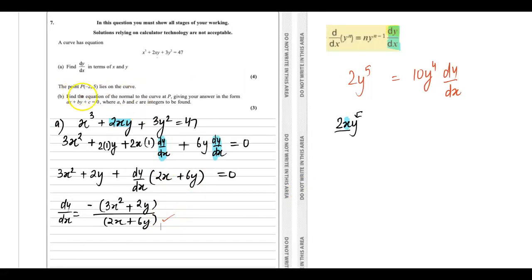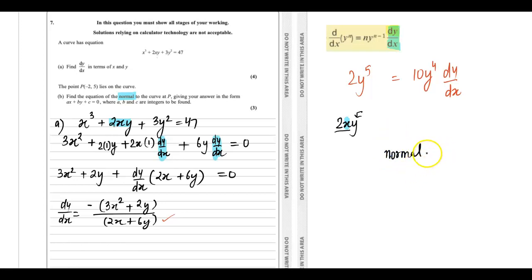Perfect. Now for the B part, the point P, which is minus 2, 5, lies on the curve. So it is lying on the curve. Find the equation of the normal to the curve at P, giving your answer in this form. So we have to find the equation of the normal to the curve.